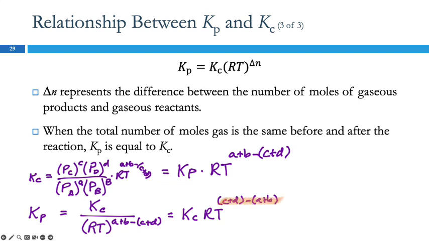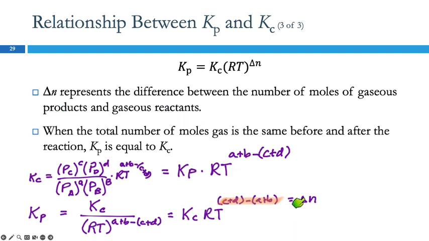This part right here is equal to delta N. So that is the number of moles of gas products minus gas reactants.